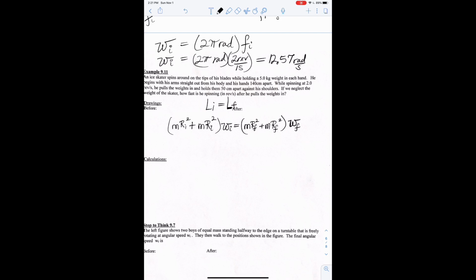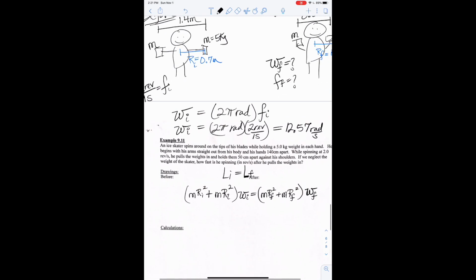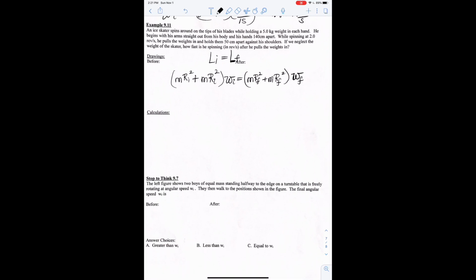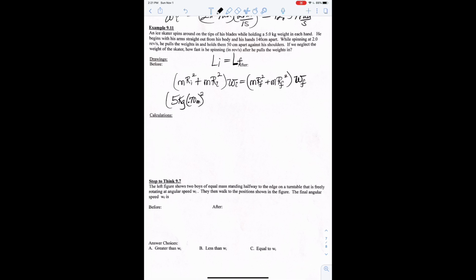All right, so we have something like this. We said the mass, was it 5 kilograms? Yeah, that's pretty hefty weights there. I think this initial radius was 0.70 meters, 70 centimeters, so we're going to go ahead and square that.